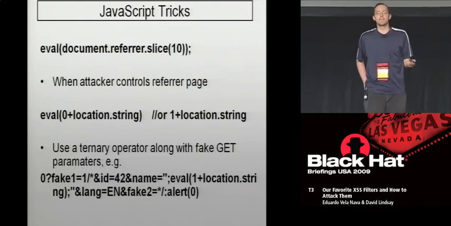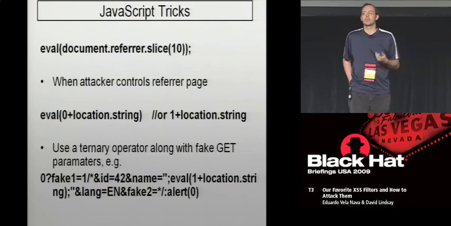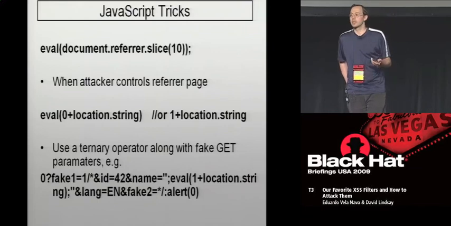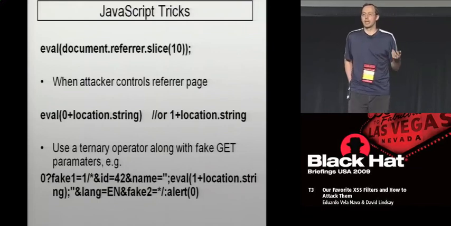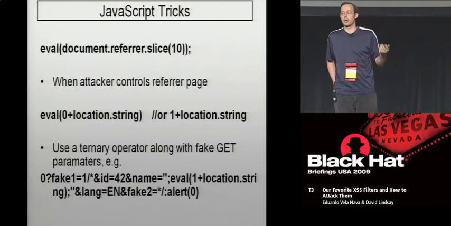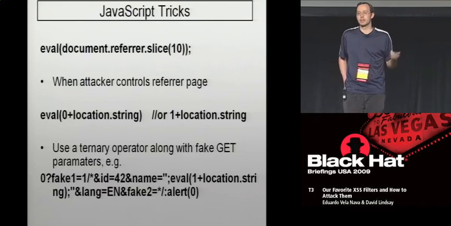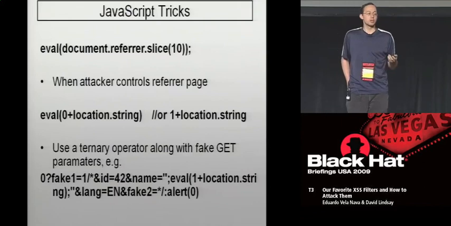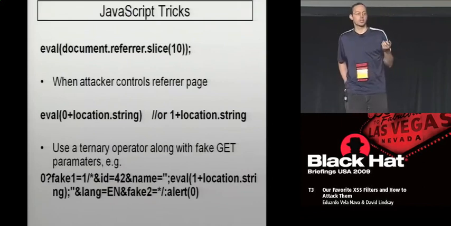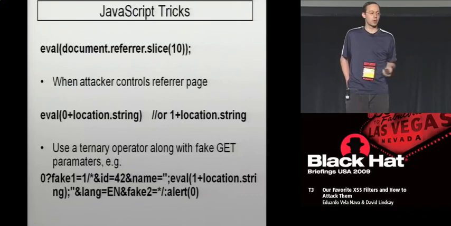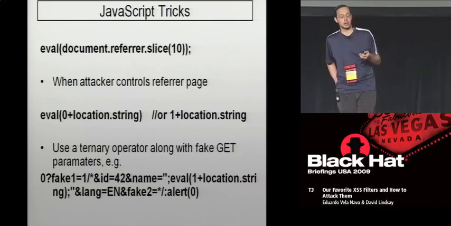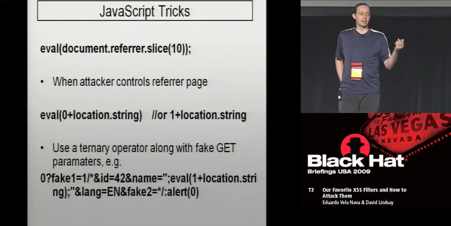What's nice is that for most any site that I've seen, you can always include extra GET parameters, and if the application or the server doesn't recognize them, it just silently discards them, and there's usually no harm in including extra GET parameters. So you can abuse that in order to construct a JavaScript string like what's shown at the bottom. You need to use the question mark as a ternary operator in JavaScript, and that's why you have to append the 0 at the beginning.